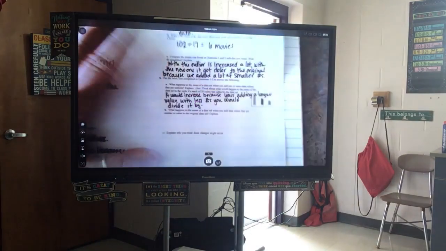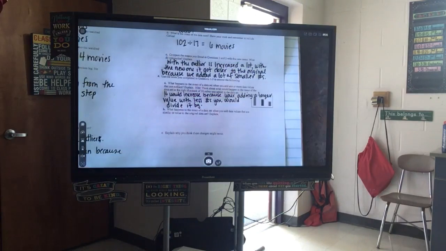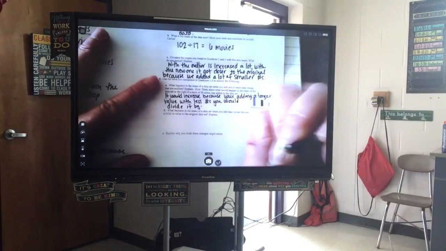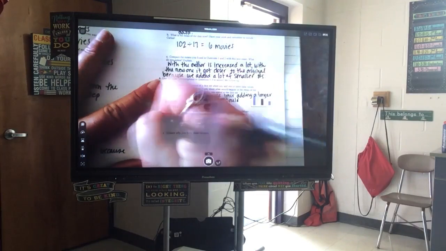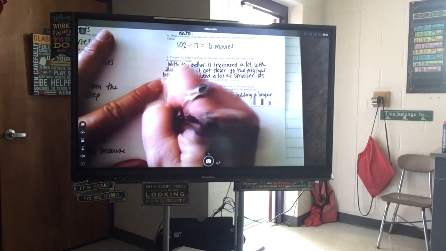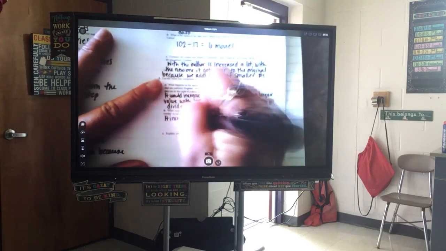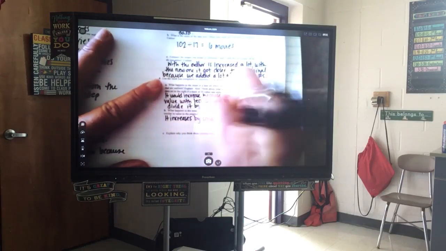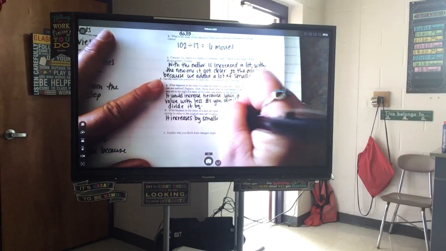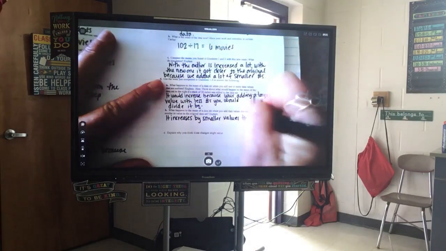Okay. Alright, B, it says what happens to the mean of a data set when you add data values that are similar in value to the original data set? We said that it increases by smaller values than outliers will increase. Why? Because with the problem that we just did, whenever we added the outliers, it made it increase by 3.